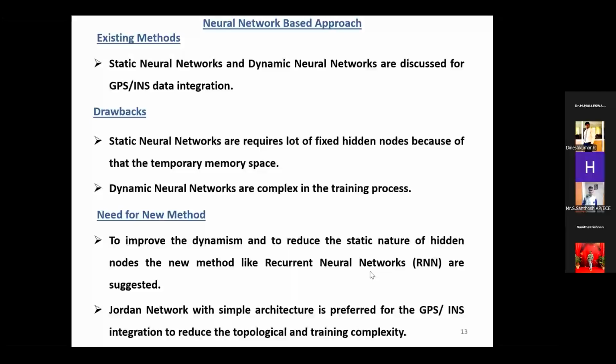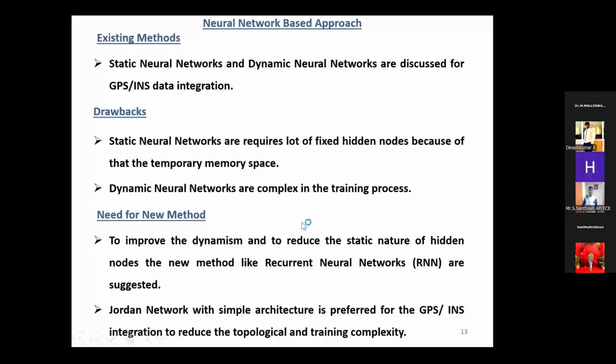Most of the current autonomous vehicles are based on this recurrent type of neural network only. Again, in recurrent neural networks we have different types of architectures like Elman, Jordan, etc. Now, in my explanation of intelligent navigation, I considered the Jordan network type RNN, which is a simple architecture.